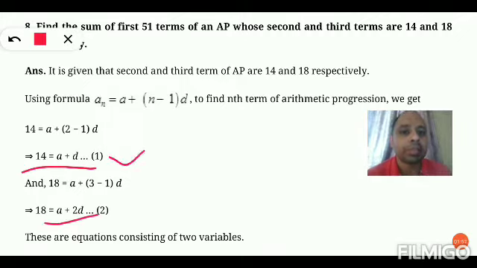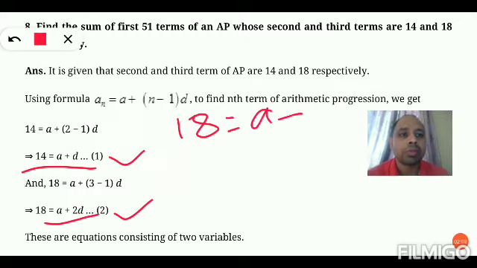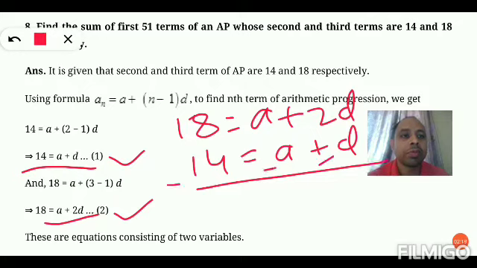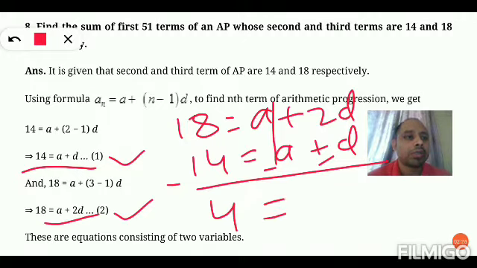On solving these two equations, if we subtract equation number 1 from equation number 2, we have 18 equals a plus 2d and 14 equals a plus d. Subtracting these two equations, 18 minus 14 is 4, a and a cancel out, equals d.